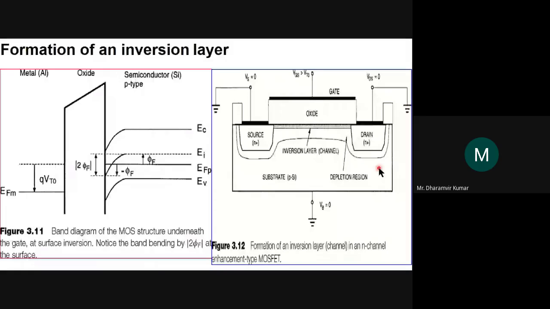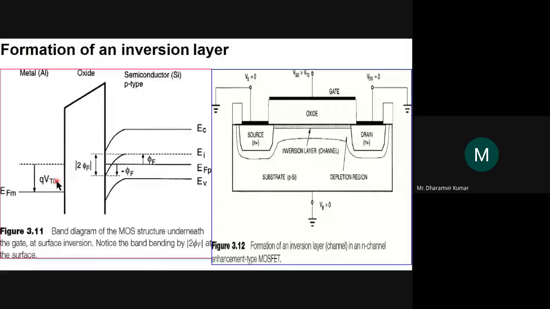In terms of the energy band diagram, we are applying a potential equal to its threshold voltage, VT naught. When VGS is just equal to the threshold voltage, we say that the inversion layer has been established.